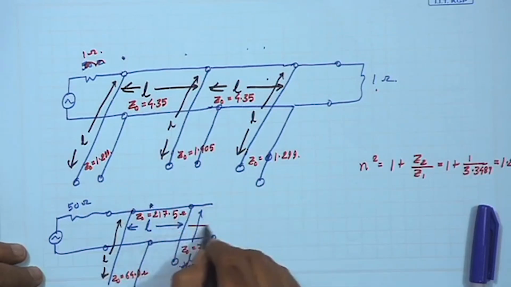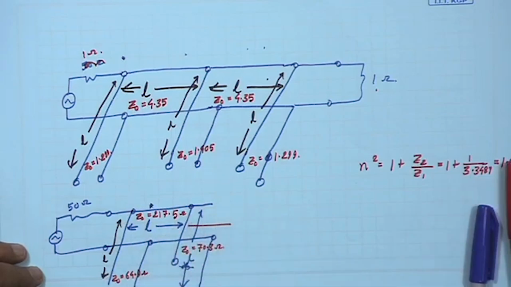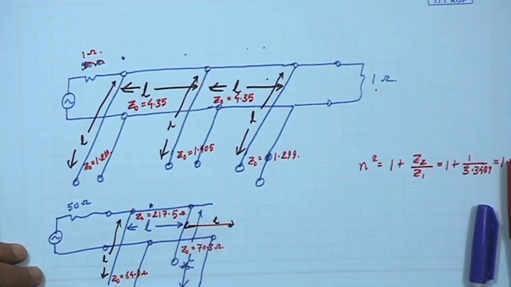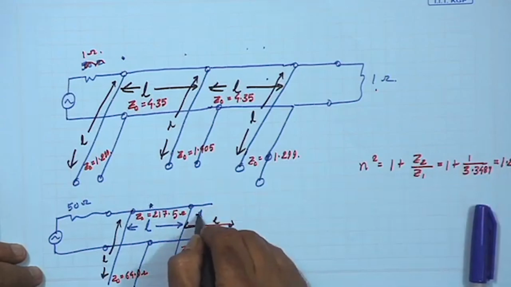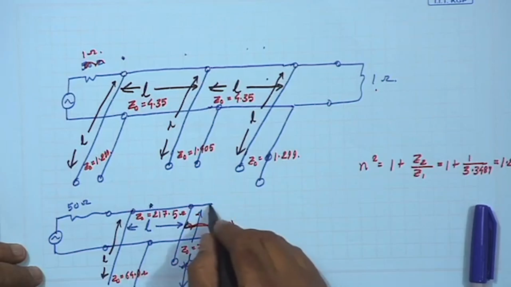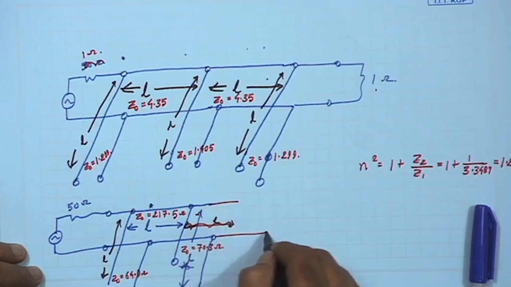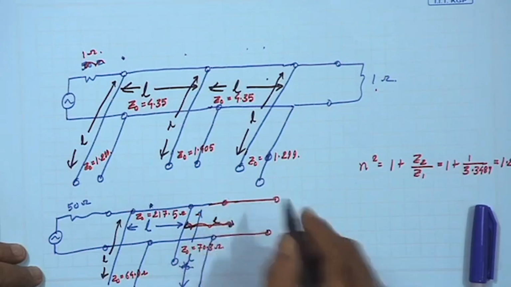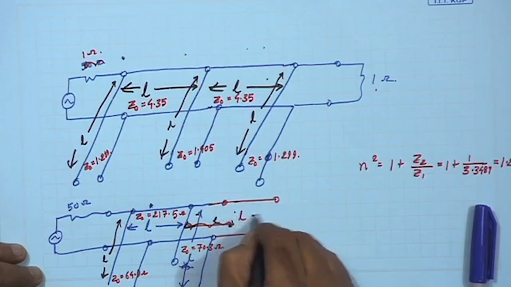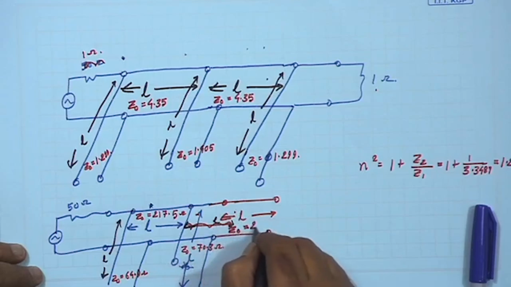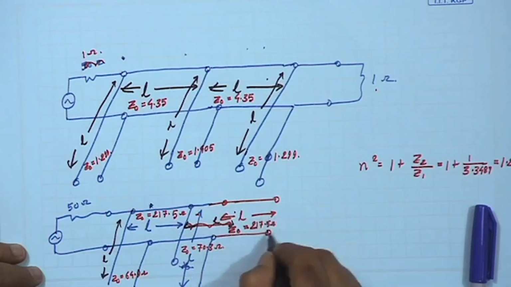Then here again, this is L, and again the Z naught is 70.3. From here to here there will be another line, and there the length is L and Z naught is 217.5 ohm, another unit cell.